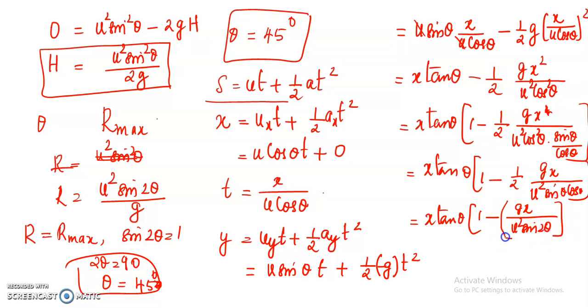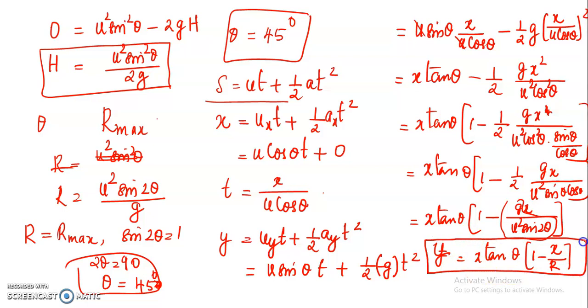But we know that this quantity g by u square sin 2 theta is 1 by R. So substituting 1 by R, we obtain y equal to x tan theta into 1 minus x by R, where R is the range of the projectile motion. So this is the equation of trajectory for the projectile motion.